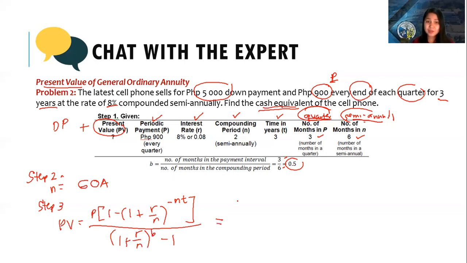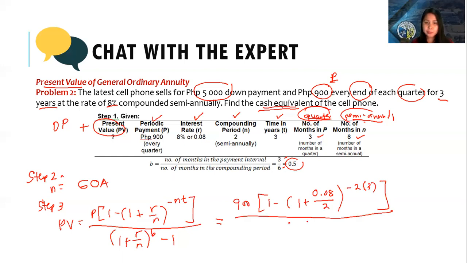Substituting to that, we have 900 times 1 minus 1 plus r over n to the power of negative n times t, all over 1 plus r over n to the power of b, 0.5, minus 1.